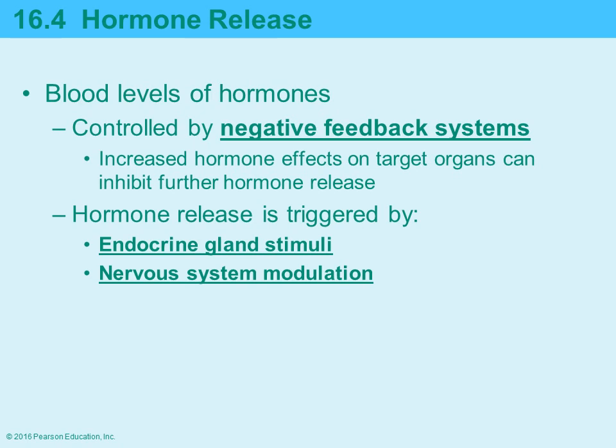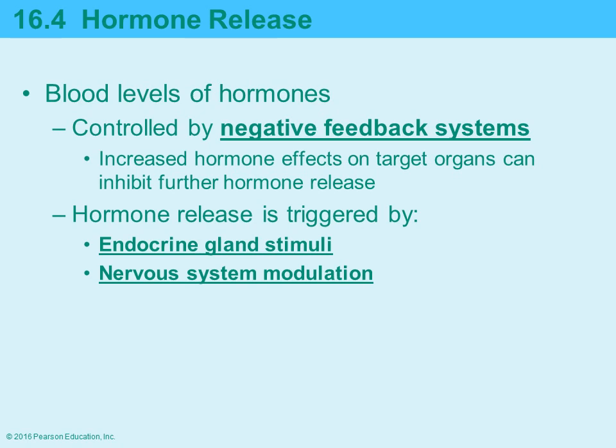The levels are high enough. So if the levels get too high, it's going to decrease, shut down, turn off the secretion of them. If levels drop really low, then the negative feedback system triggers it. Okay, we need to increase now. So it's going to be the opposite effect.